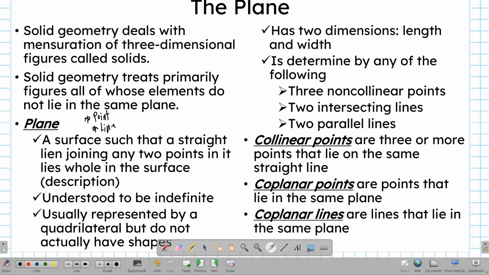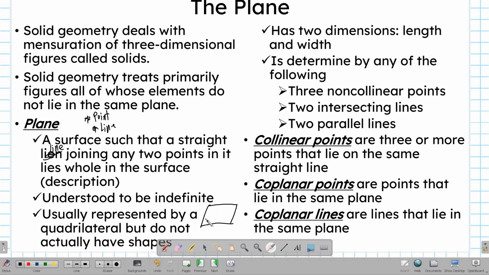So another undefined term is the plane, which we describe as a surface such that a straight line joining any two points in it lies fully in the surface. And it's understood to be indefinite. And although usually we represent it as a quadrilateral like this, it doesn't actually have a shape.